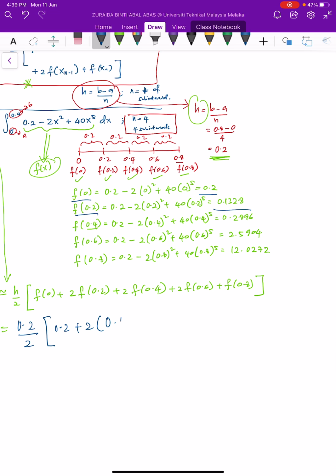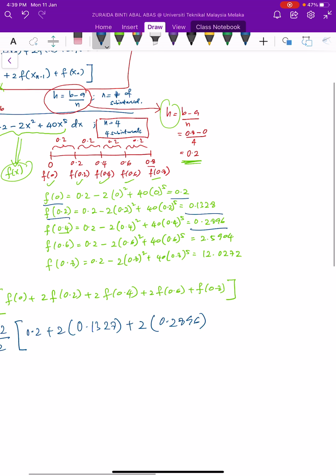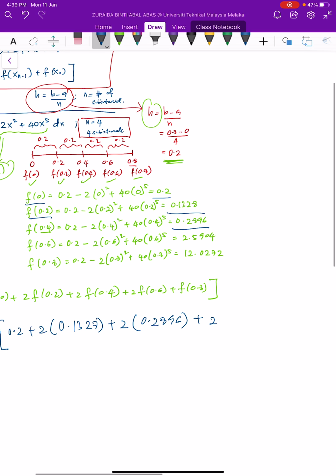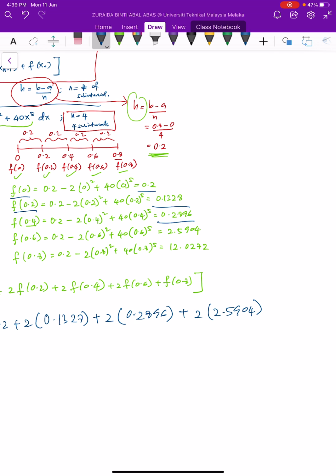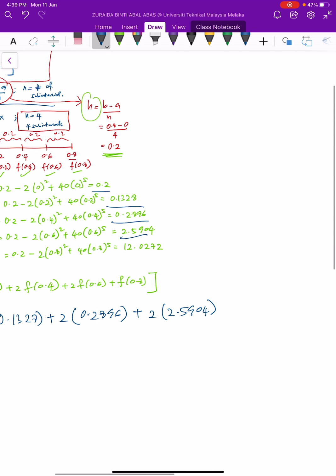You just plug into the formula. 0.4 is 0.2896 plus 2 multiplied by 2.5904, and finally 12.0272.